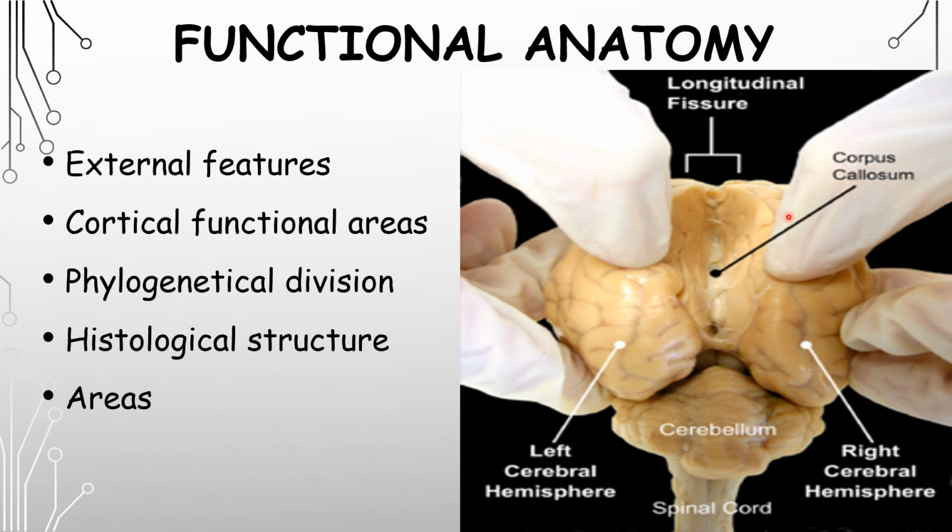In the front you can see what separates the right and the left hemisphere. In the upper part it is separated by the longitudinal fissure. Here there is the falx cerebri, which is a fold of dura mater, in the upper part.